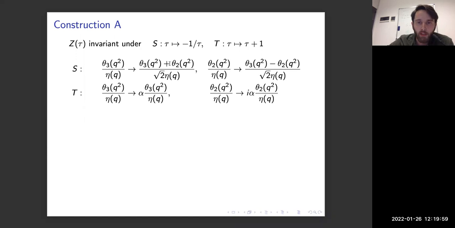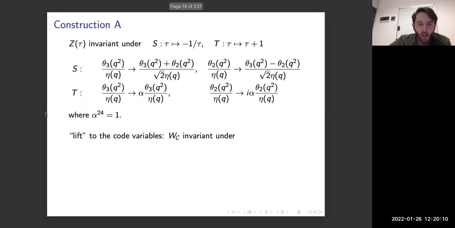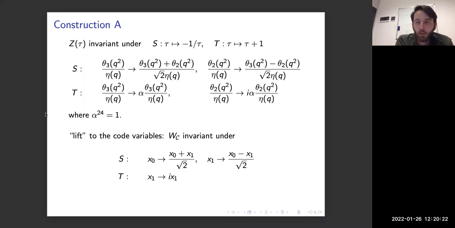The S transformation mixes them, and the T transformation multiplies theta 2 by a phase. There's this sort of annoying 24th root of unity that shows up there, but essentially by deriving these formulas, you can see that in order to define a modular invariant partition function, the enumerator polynomial must be invariant under simple linear transformations.